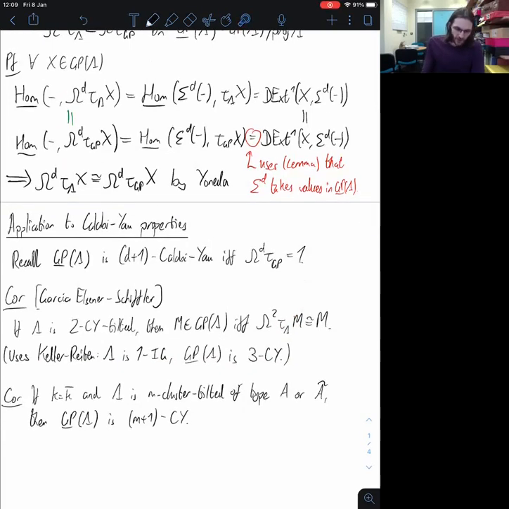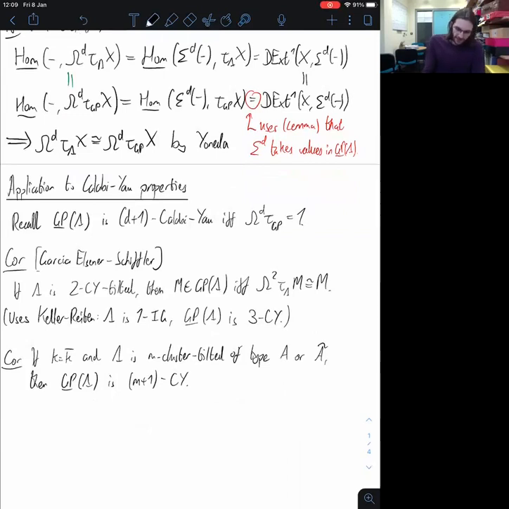And so then the second corollary, very quickly, is that if the field is algebraically closed and lambda is an m-cluster tilted algebra of type A or A tilde, then we can conclude that this stable category of Gorenstein projectives is (m plus 1)-Calabi.